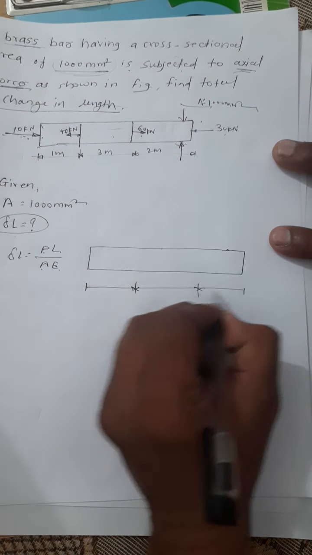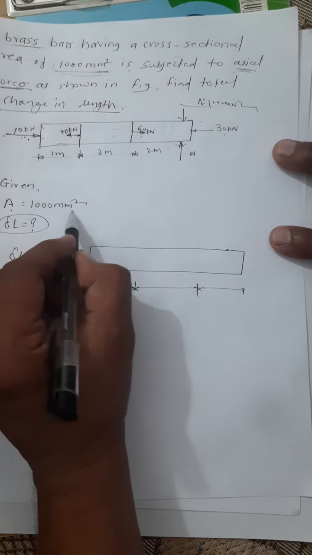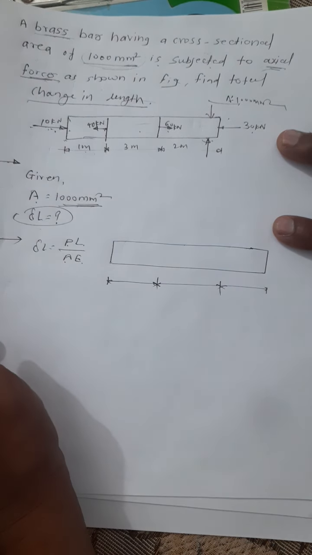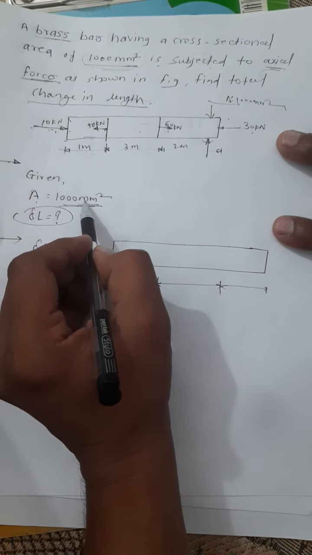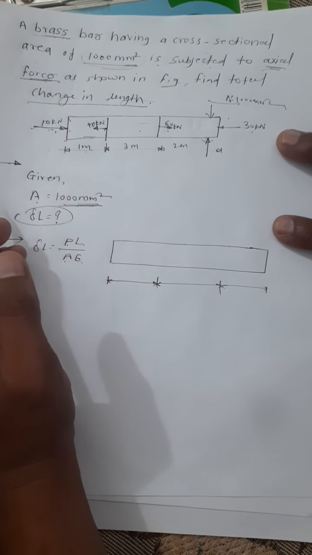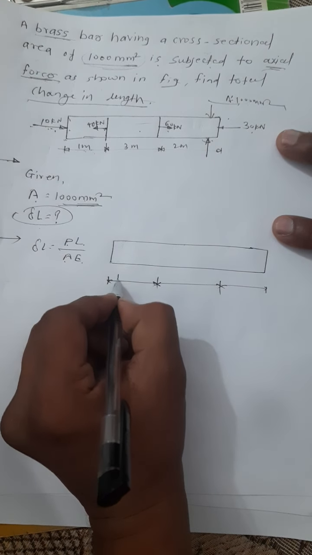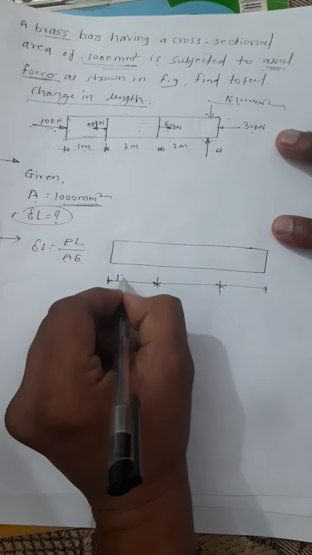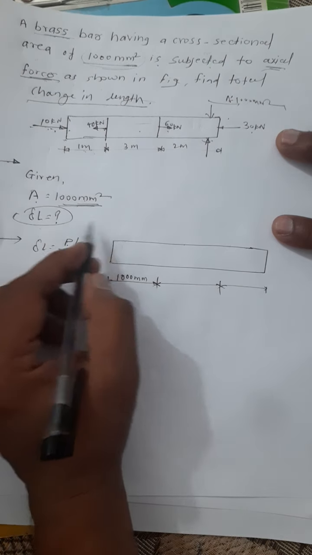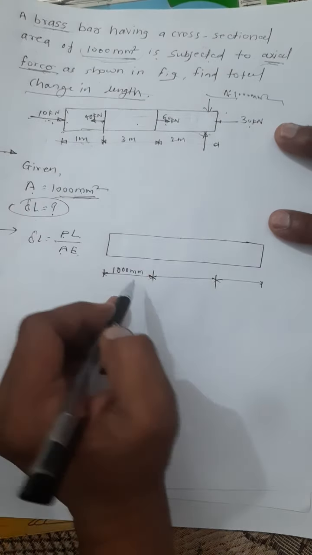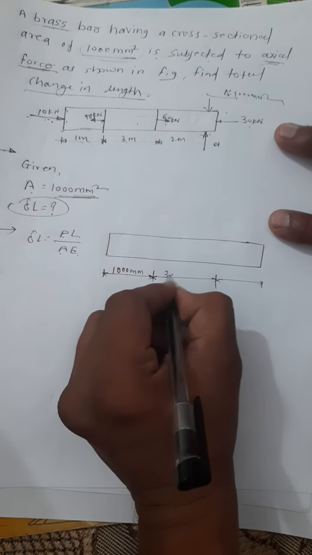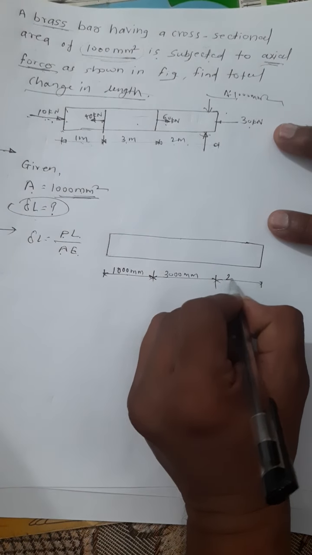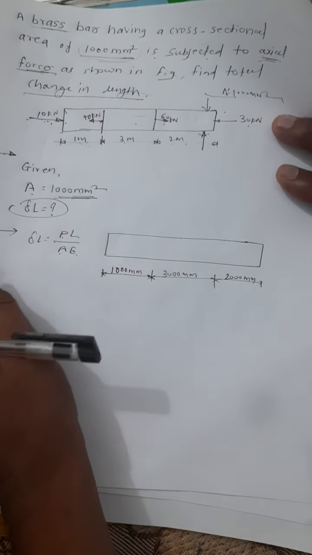We have the area in mm but the length in meter, and we want a uniform unit, so convert meters into mm. 1 meter is 1000 mm, 3 meter is 3000 mm, and 2 meter is 2000 mm. The units must be the same.